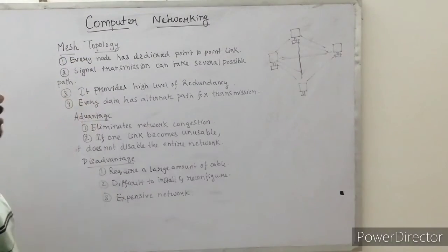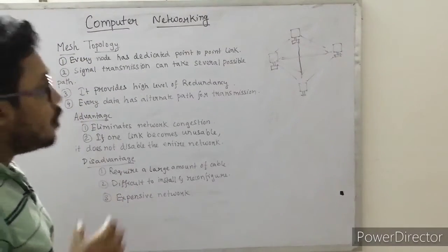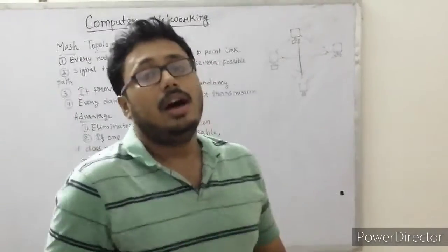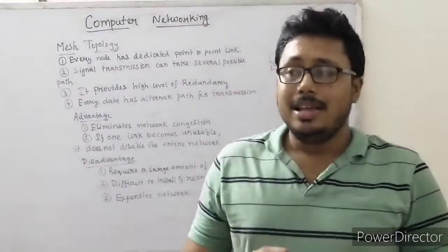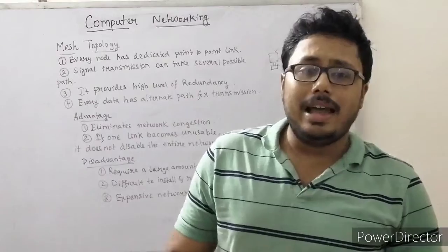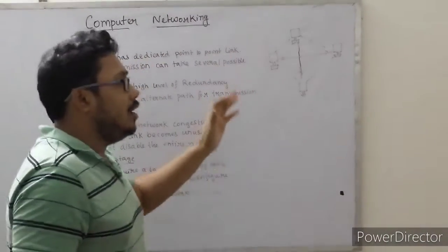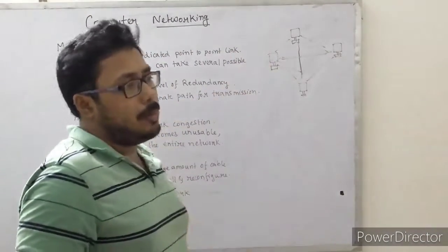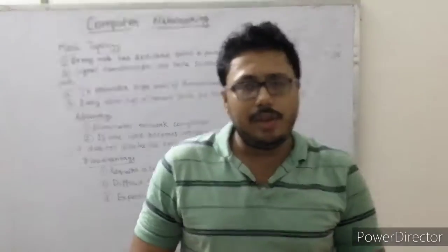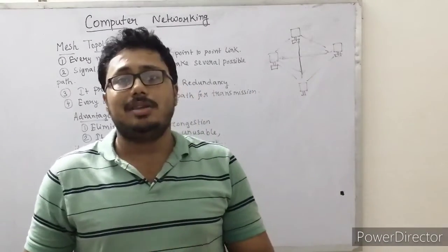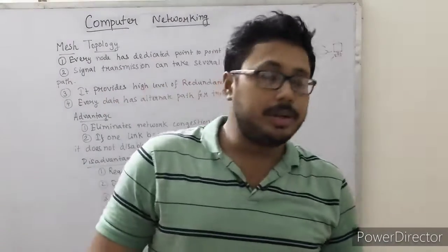Signal transmission can take several possible paths. This is the main objective of this network. The signal transmission can be done with every possible path, so that if one transmission line fails, then the whole system will not get disrupted.